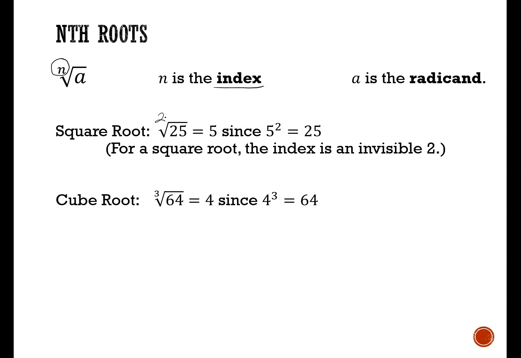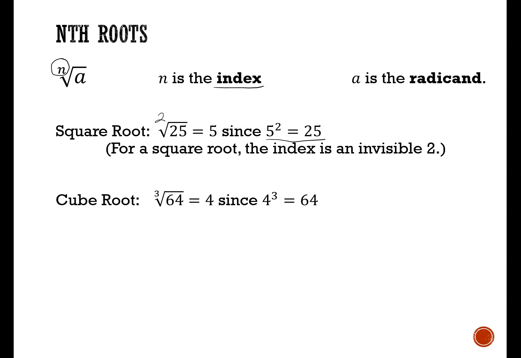So let's review. We know the square root of 25 is 5, since 5 times 5 is 25, or we could say it since 5 squared is 25. So it works similarly for other roots.